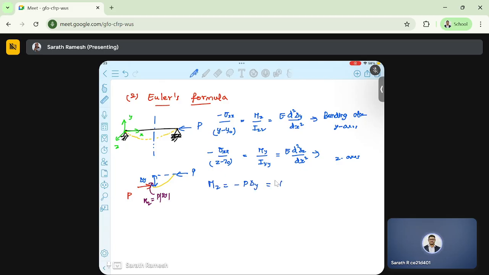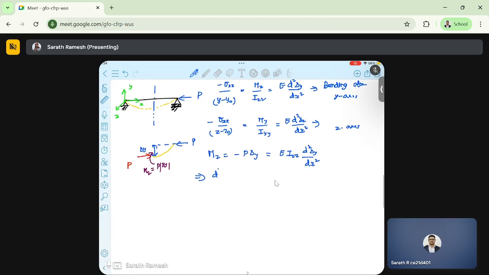This we can write as EIzz into d square delta y by dx square. Now this gives rise to a differential equation, d square delta y by dx square plus P by EIzz delta y equal to 0.